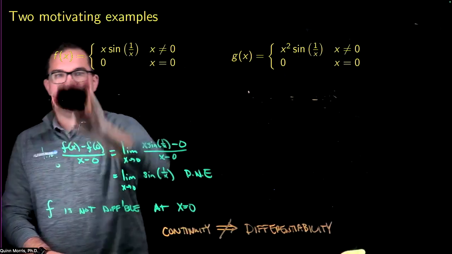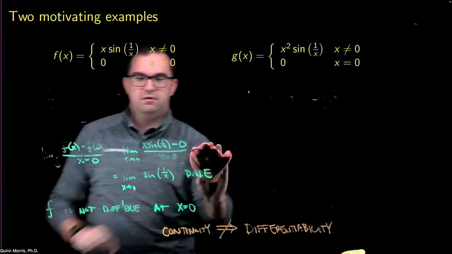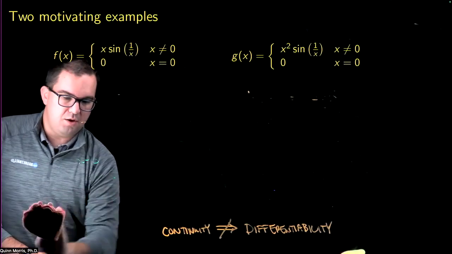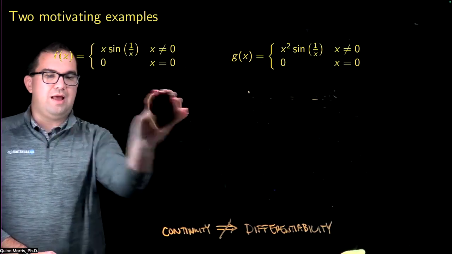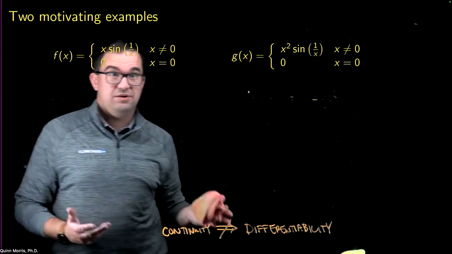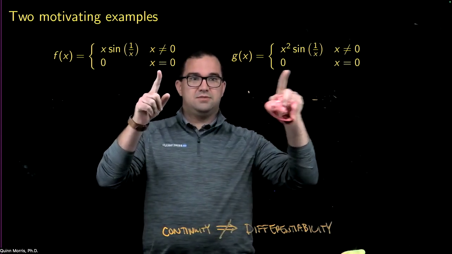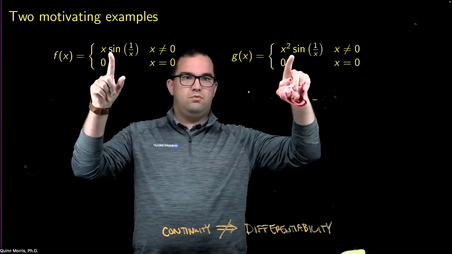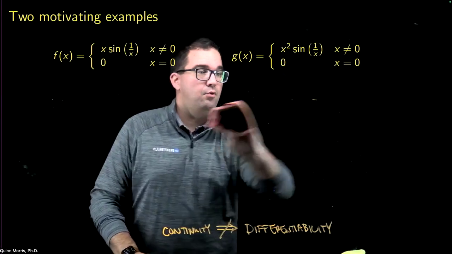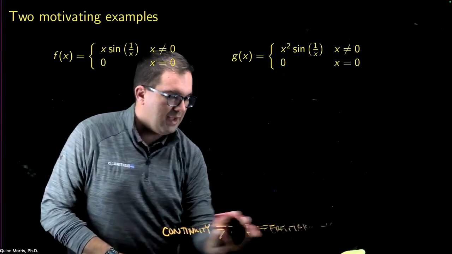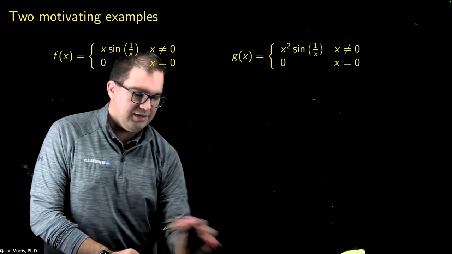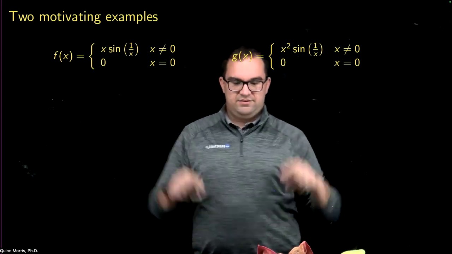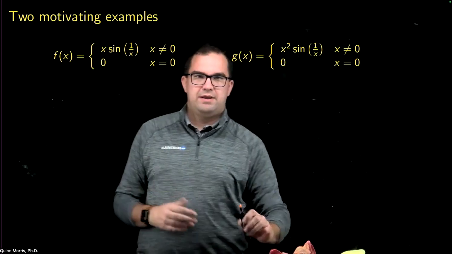The reason being, we have this equation that's defining our function for most of the domain, but at 0, any neighborhood I take of 0 contains both parts where it's defined by this equation and parts where it's defined by this equation. If I pick any point other than 0, though, I can take some neighborhood of that point that doesn't contain 0.